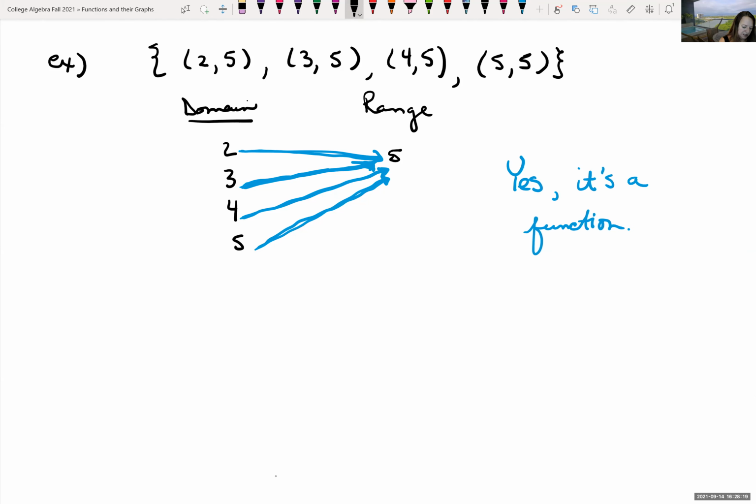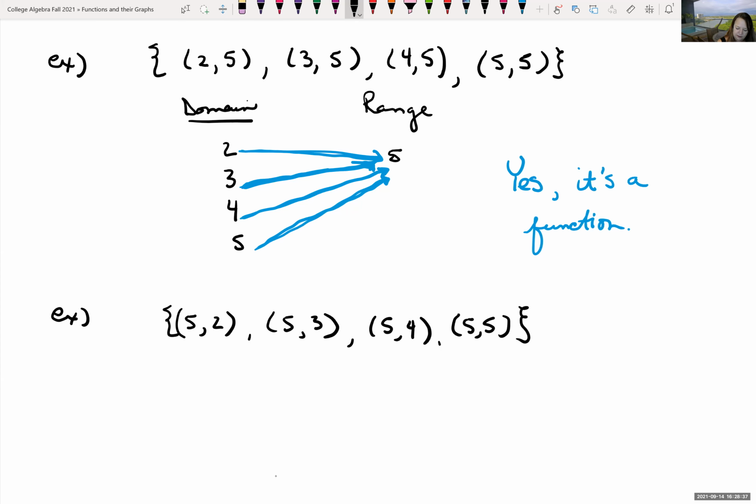Where if maybe it was flipped, instead, maybe x was always 5. So let's say (5, 2), (5, 3), (5, 4), and (5, 5). So this is a case where we only have one input of 5. Our range, our output, we would have 2, 3, 4, and 5.